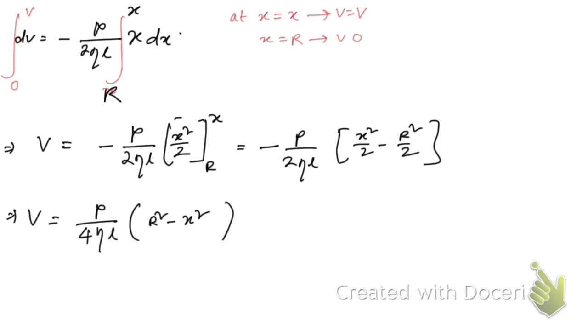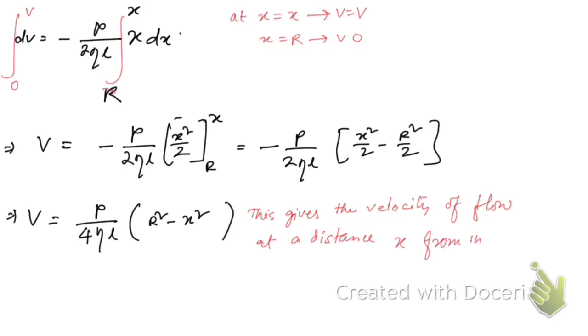And this gives the velocity of flow at a distance x from the axis of the tube.